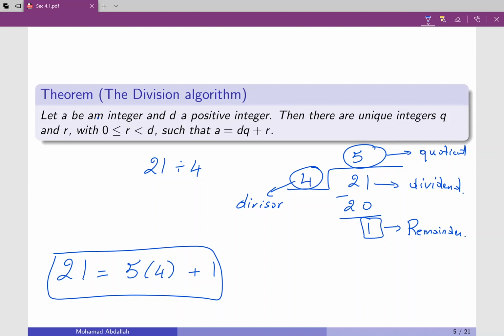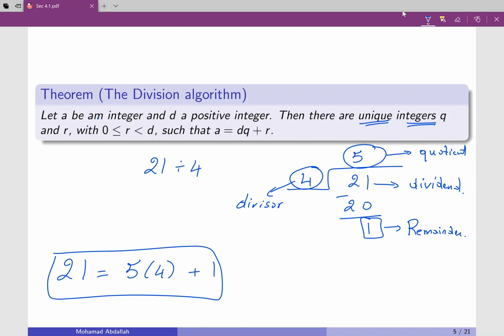So when I divide a by d, then there are unique integers. You can't give me a number other than 4 and 1 that will fit this equation. Keep in mind that the remainder has to be between 0 and 4, including 0, excluding 4. So including 0, excluding always the divisor.